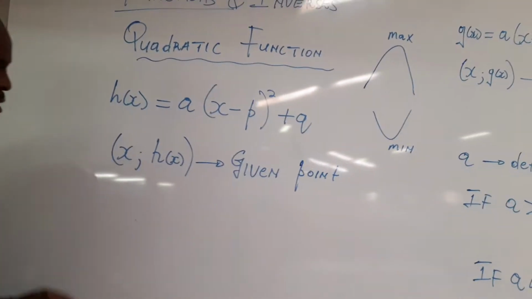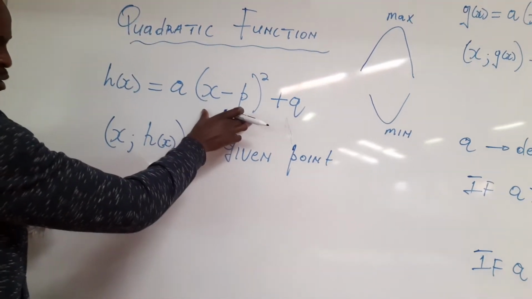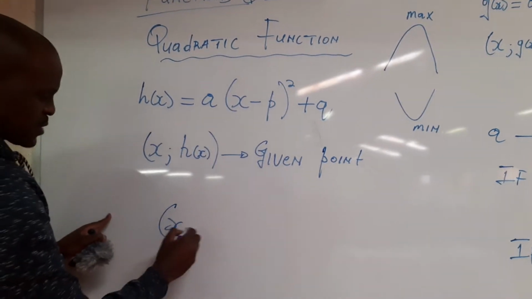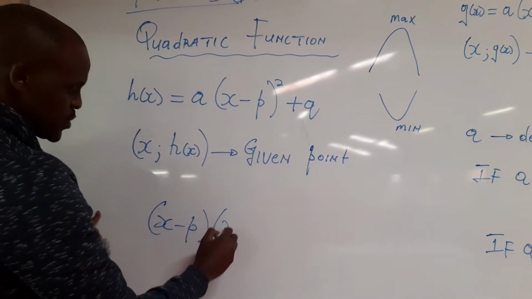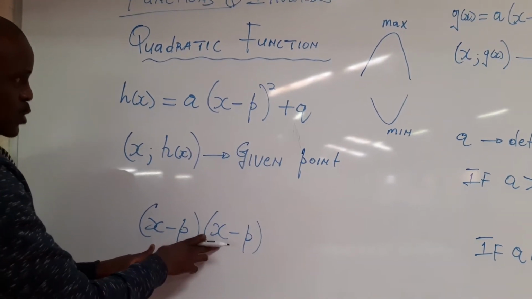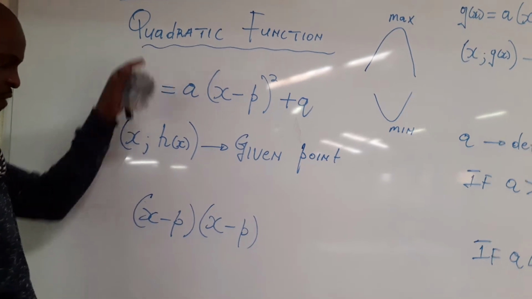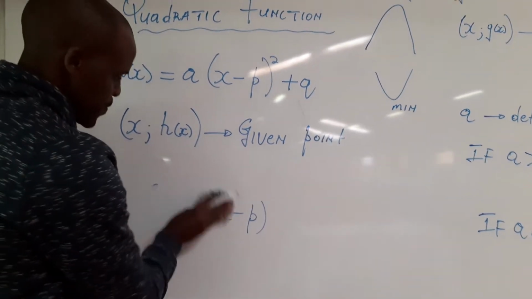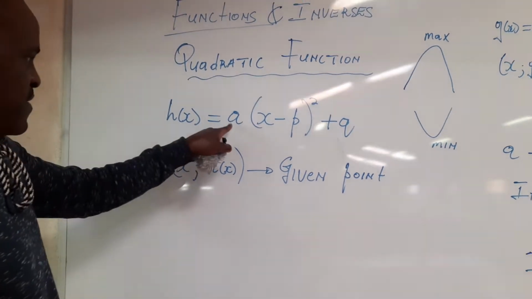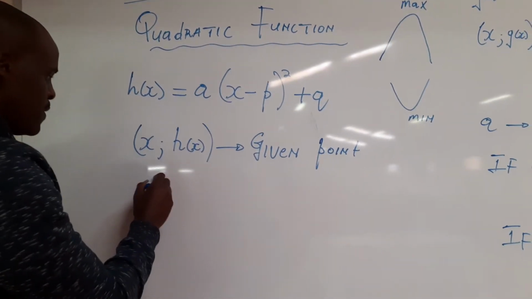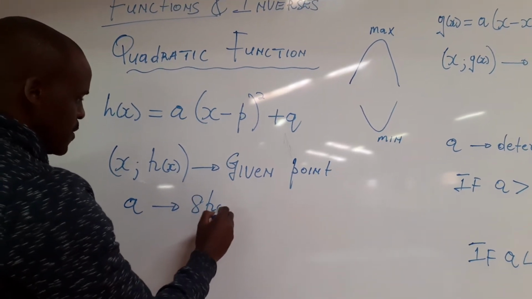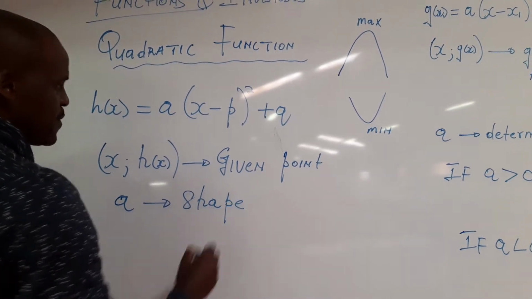And then, as you can see, this is a quadratic because when you are to solve there, for instance, you have x minus p into x minus p. So x times x is x squared, which will give us a quadratic function. Right. And then we've got the value of a, which tells us about the shape of the graph.